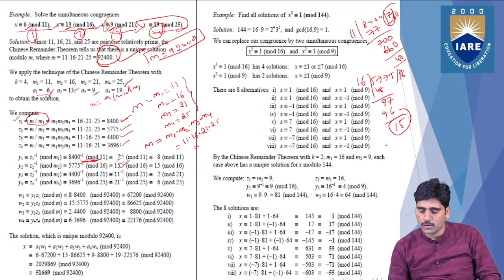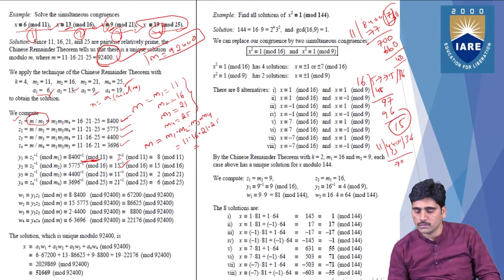And 4,400 inverse also. So 4,400 divided by 11. 11 times 3 is 33, 11 times 6 is 66, and the remainder is, sorry, 21.